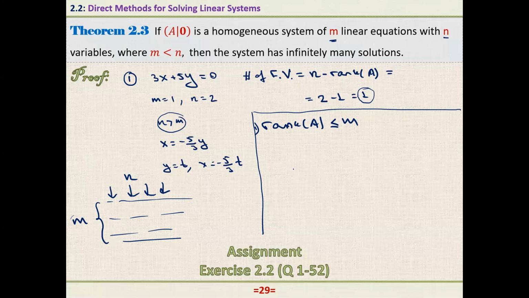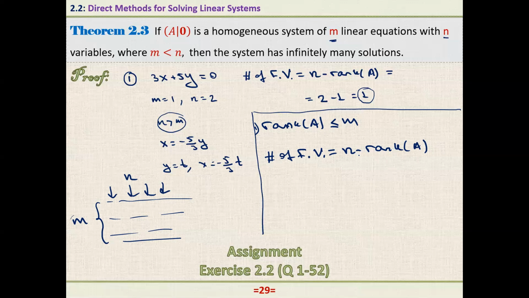And by the rank theorem, I can write here the number of free variables. That's equal to n minus rank of A, right? Since this rank of A is less than or equal to m, if I put m here, we are subtracting a bigger number.